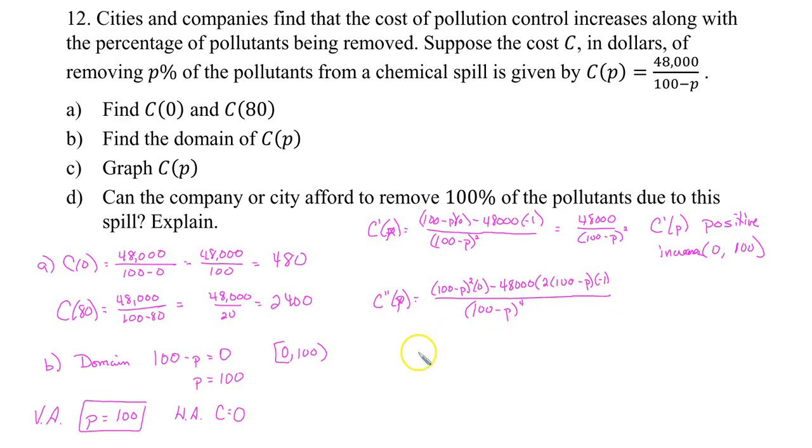All right, so as we clean this up, the first part goes to 0, negative and negative is going to become positive 48,000.